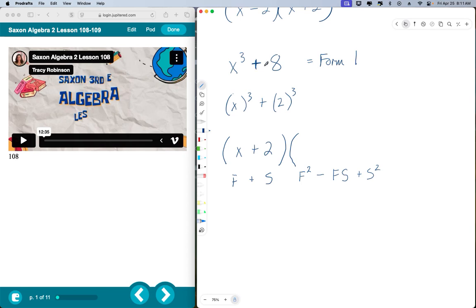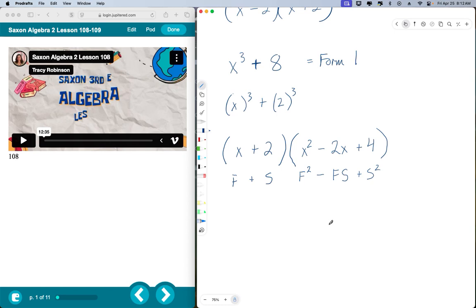When there's a plus sign in a perfect cube, it's always this format. So the first term squared would be x squared, minus the first times the second would be 2x, and then the second one squared would be 4. And that is the way that you would factor it. Easy peasy.